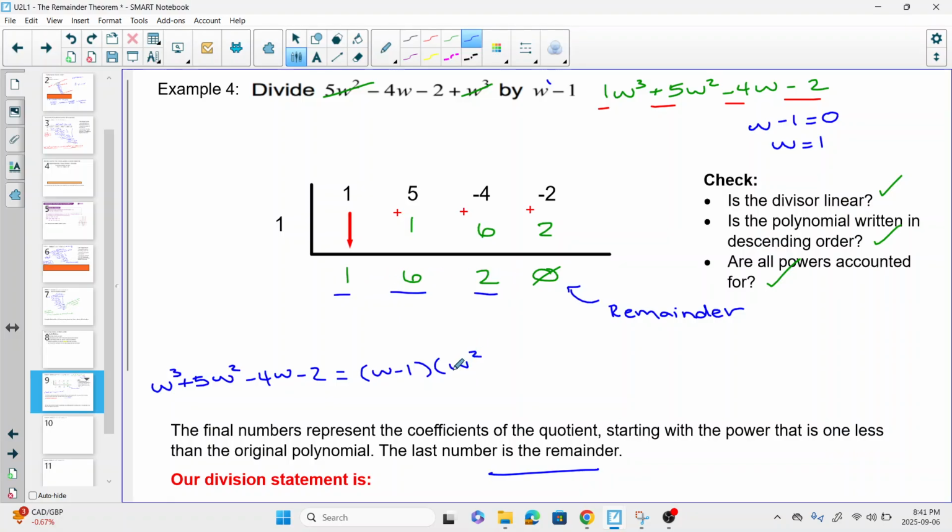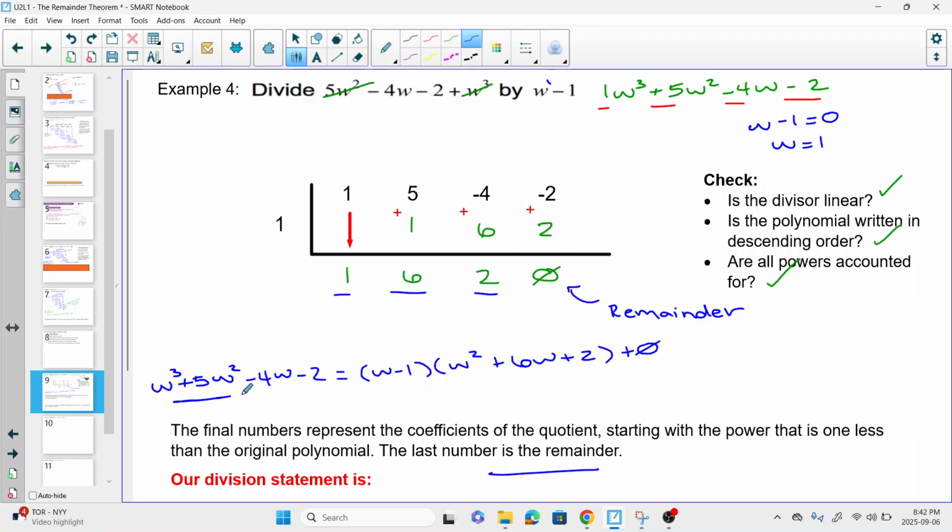Now that's a 1w squared because this is a 1. Positive, because this is a positive, 6w, positive 2 with a remainder of 0. We don't really need to write that, but if we want to put it there just so you can see where all the numbers go.